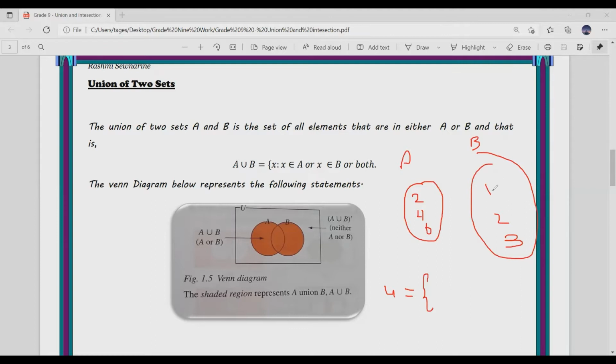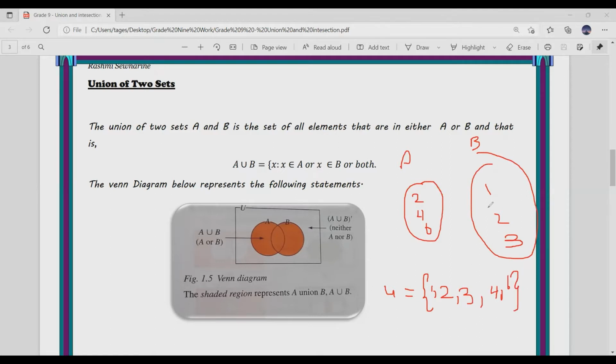So basically, we can write the union of this set here, this example that we have here, is going to be 1, 2, 3, we have 4, and we have 6. So that is basically the union of the set.